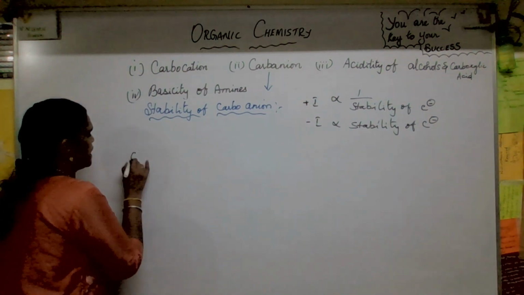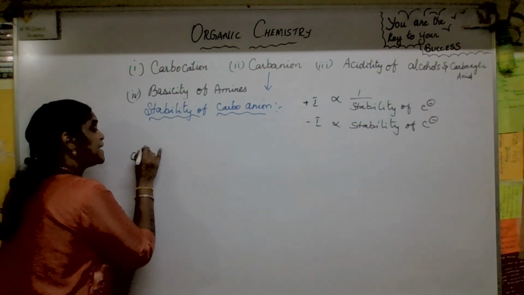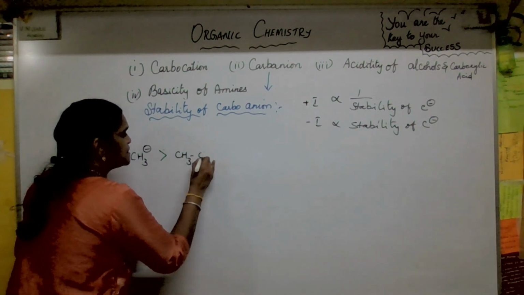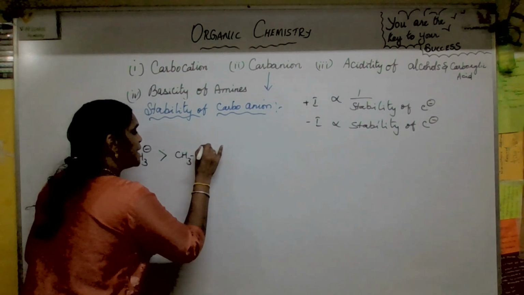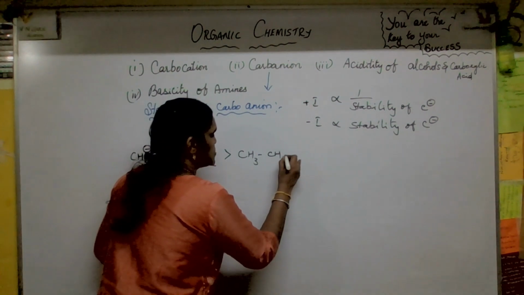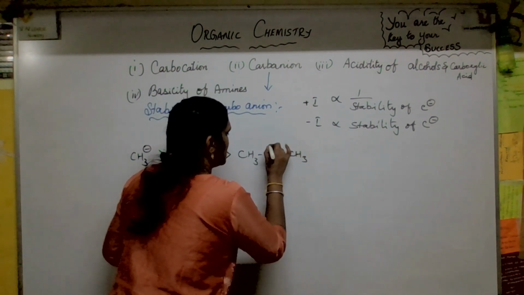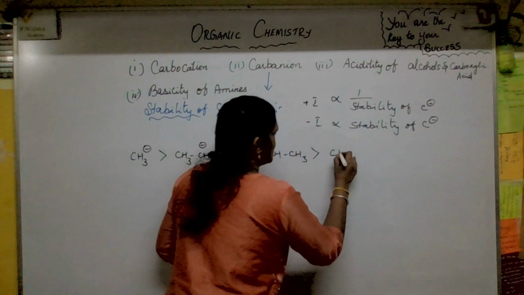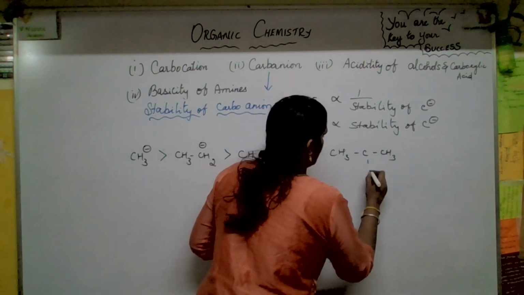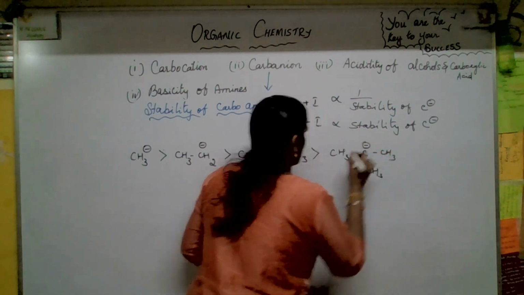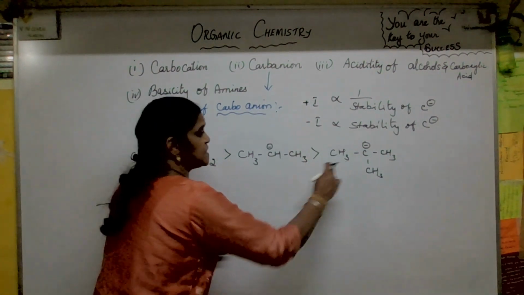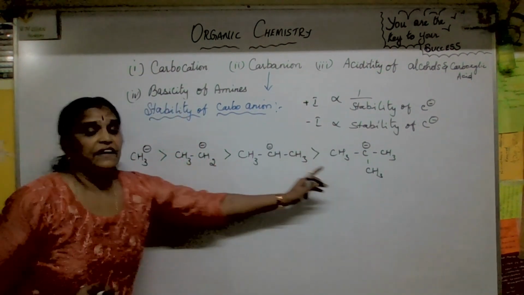As the number of carbon atoms increases, the stability of carbanion decreases. Now you see here CH3 minus charge is greater than CH3CH2 minus charge, which is greater than (CH3)2CH minus charge, which is greater than (CH3)3C minus charge. As the number of carbons increases, this is most stable and this is least.